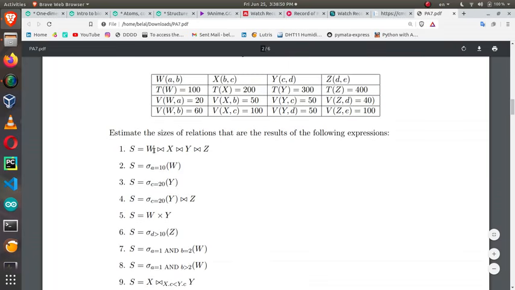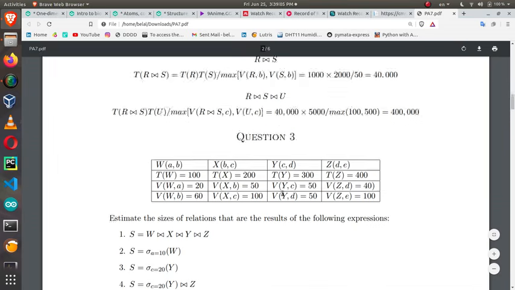We can solve it by computing the size of joining W and X, then joining them with Y, then joining them with Z. However, there is a shorthand formula.